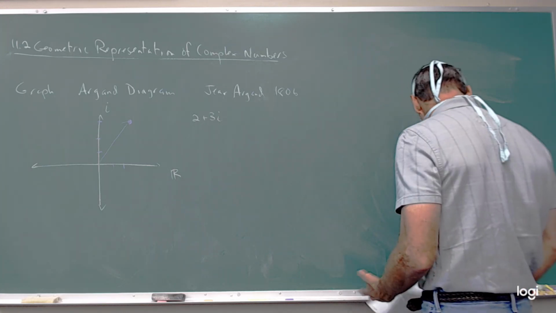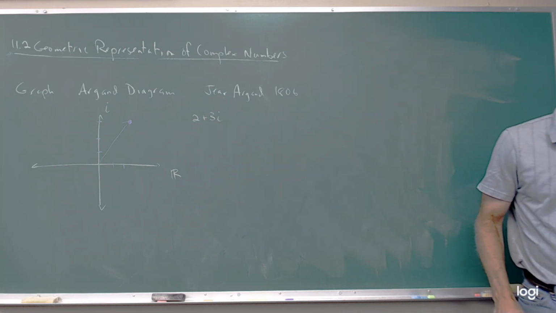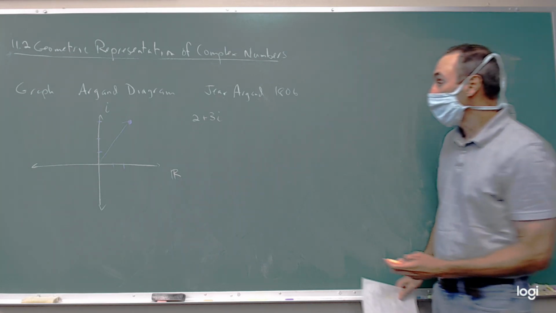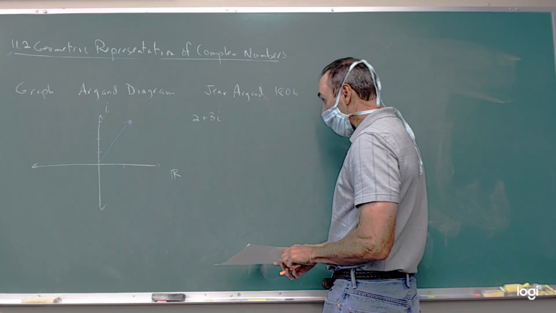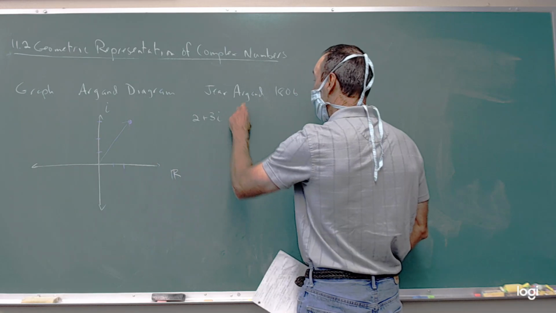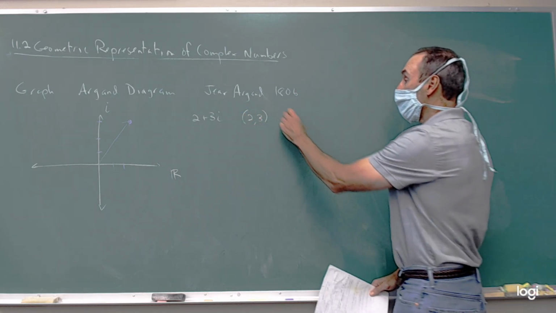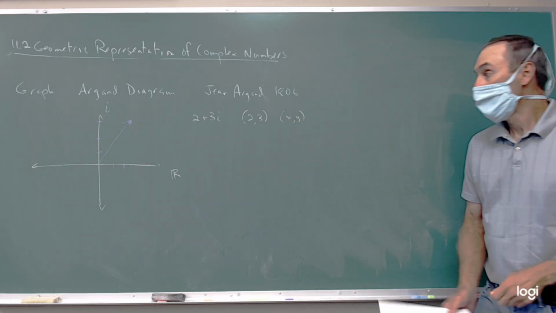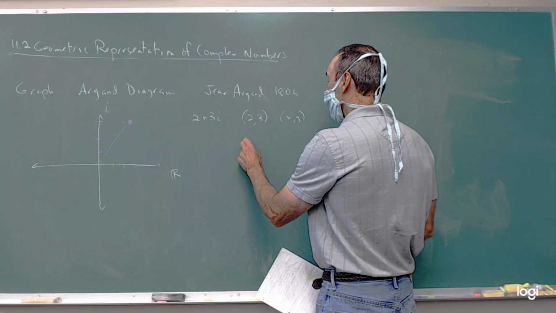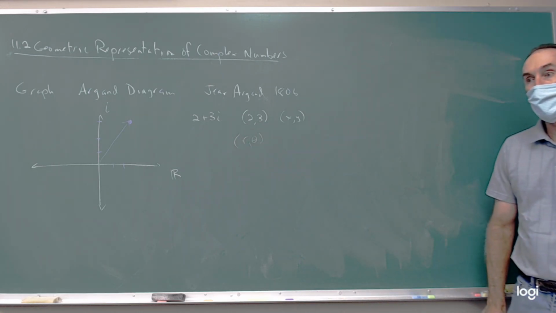In this case, these are the rectangular coordinates for that complex number. What we talked about last time, we can also do with polars. We can think of this as the ordered pair 2, 3, where these are our rectangular coordinates, x and y, but we can also think of those as polar coordinates, where we'd have an r and a theta.